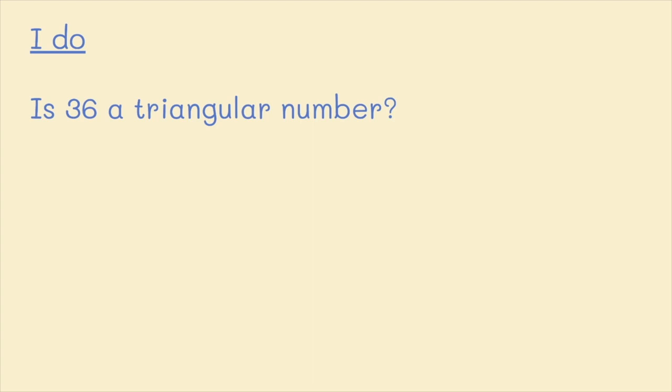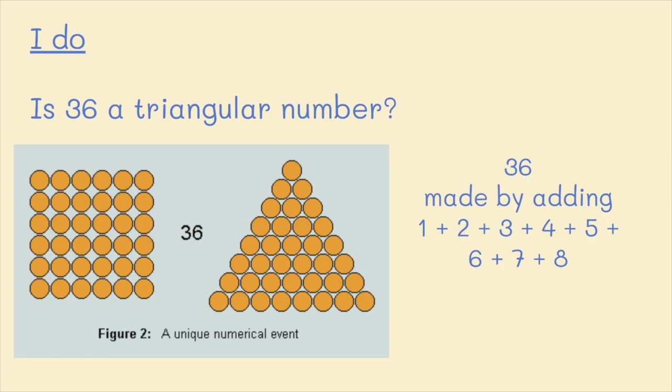I think you would just need to know the first 10 to know if it was a triangular number or not, and I think it is. Yeah. It's actually really unique because it's also a square number as well, because we can times 6 by 6 to make it a square number, 36, and 36 is a triangular number as well because we can make it by adding 1 plus 2 plus 3 plus 4 plus 5 plus 6 plus 7 plus 8.